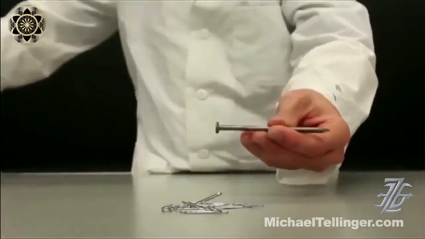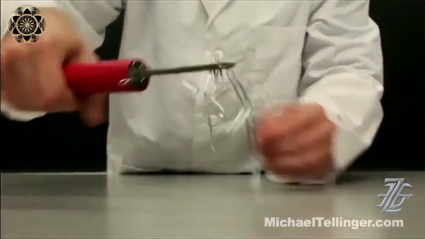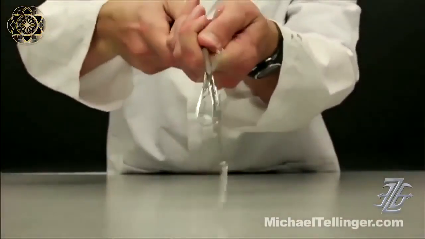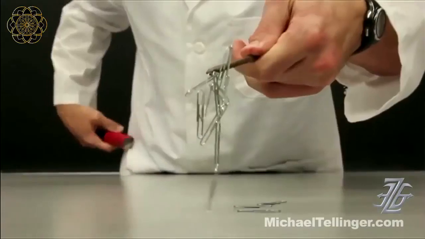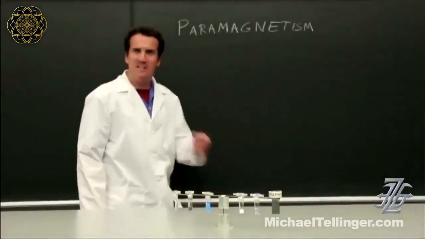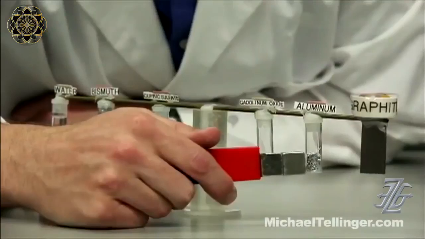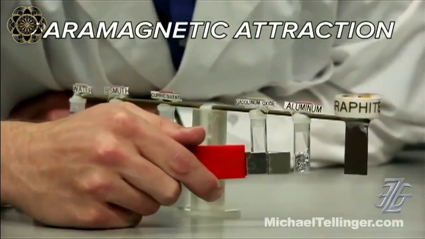An unmagnetized piece of iron, or nickel, or cobalt becomes a magnet in the presence of a magnetic field. The effect is strong and lasts even after the magnet is removed. Paramagnetism is a similar effect, except that it's much weaker and temporary. Aluminum is a good example of a paramagnet.